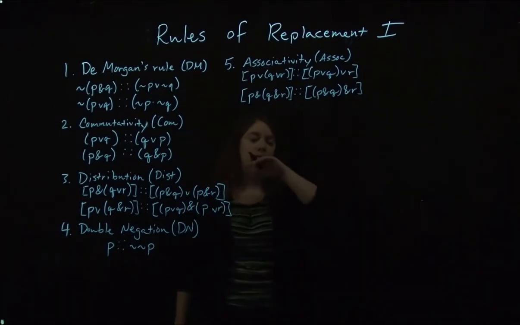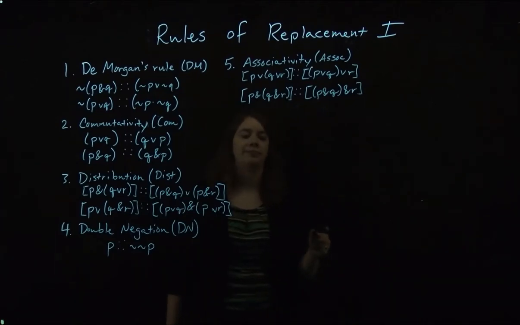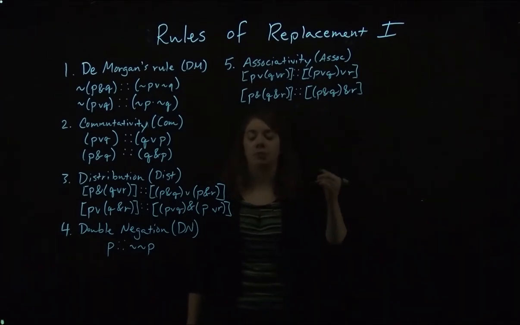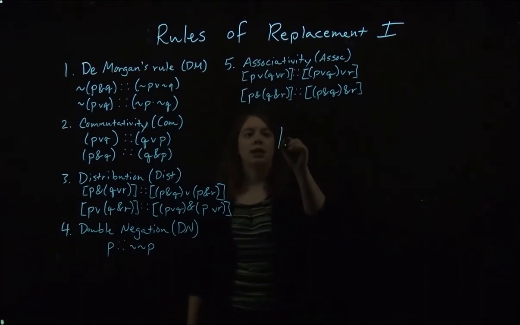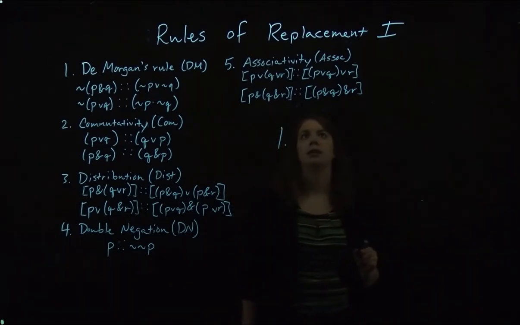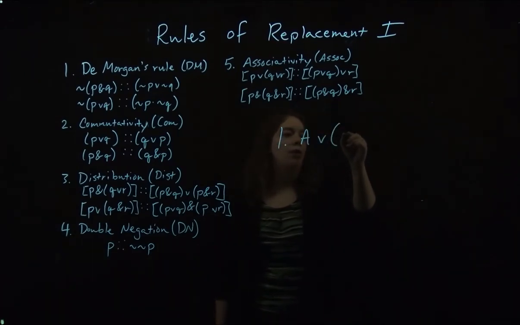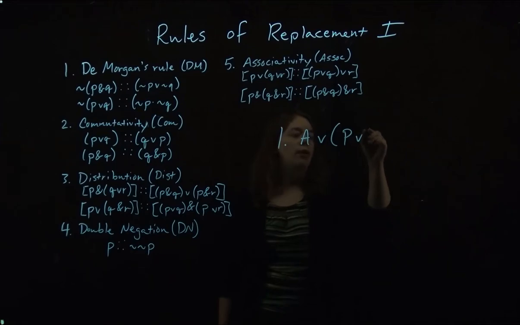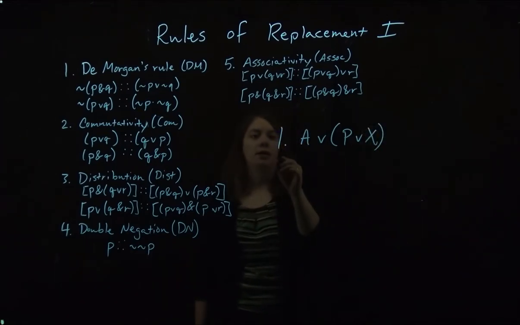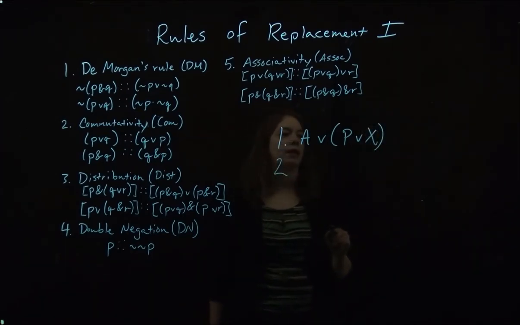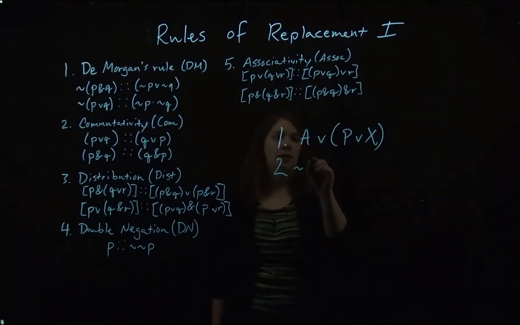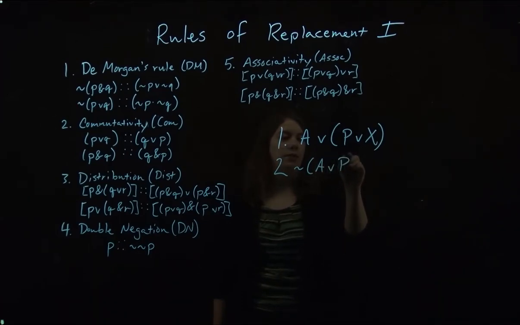Well, this one is useful here because, for instance, let's just say that you had something like A or P or X, okay? And then you had not A or P, okay?